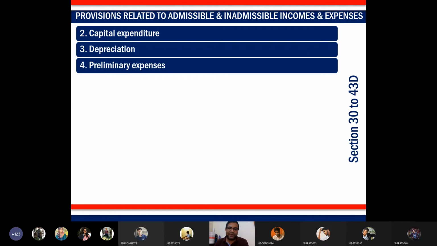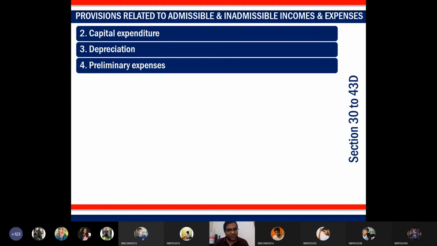And point number two, all those expenses incurred in borrowing funds, right? So that is also treated as preliminary expenses. Discount on issue of shares, discount on issue of debentures, underwriting expenses, survey expenses are also considered as preliminary expenses.